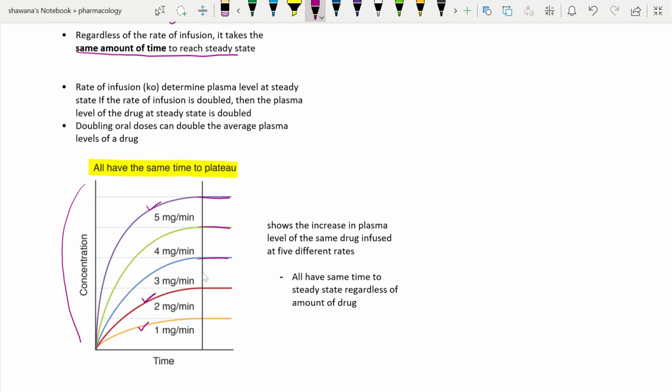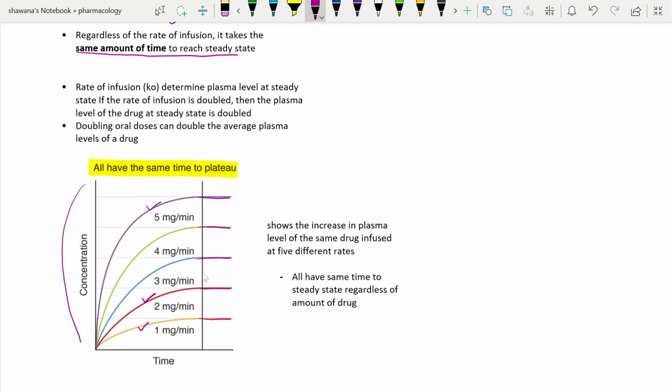They all have the same time to reach the plateau phase. Why is that so? It's a law and it's very logical that regardless of the amount of the drug, they will have the same time to reach the plateau.